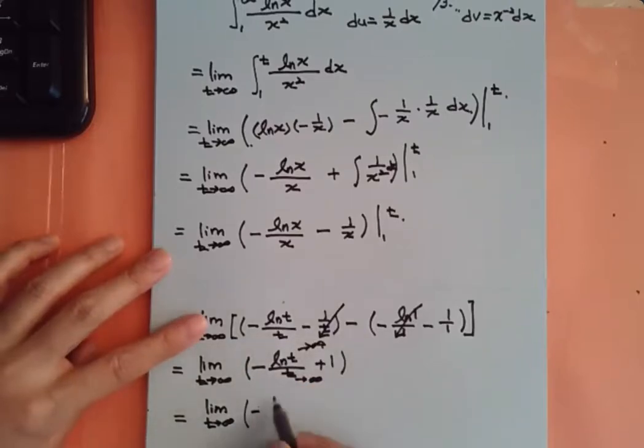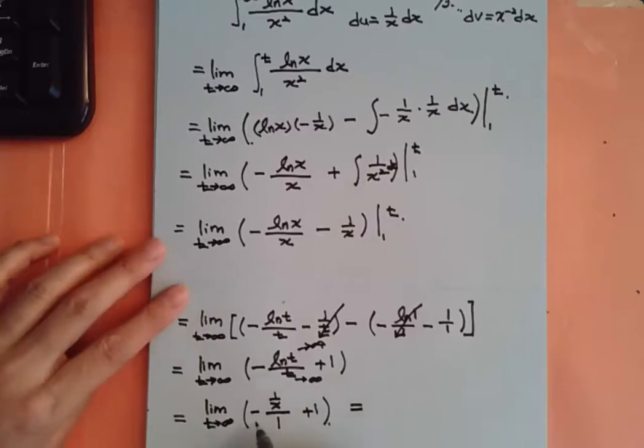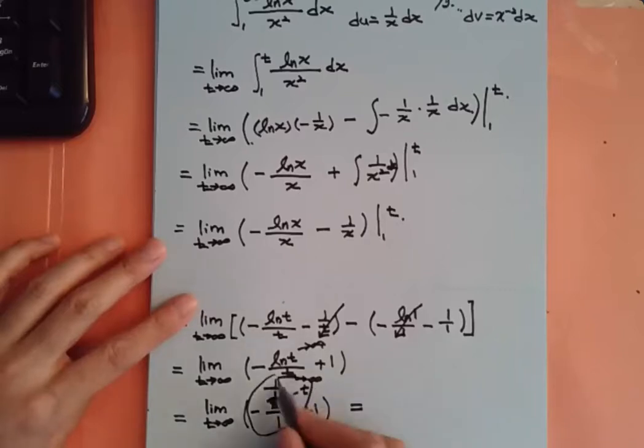Then we have 1 over x on the numerator and the denominator is 1. So when t goes to infinity, 1 over t goes to 0, and the limit is 1.